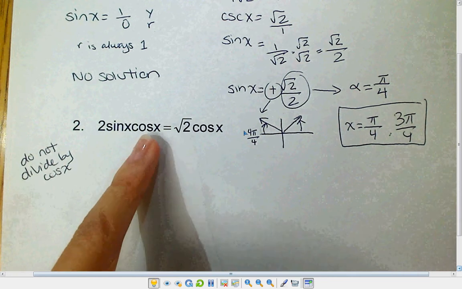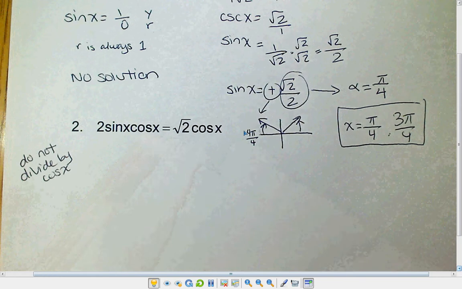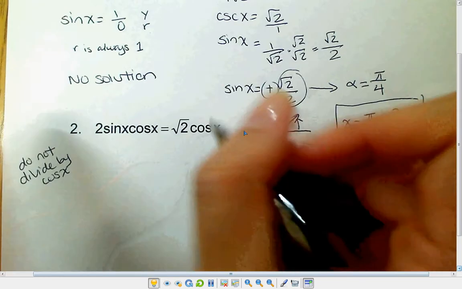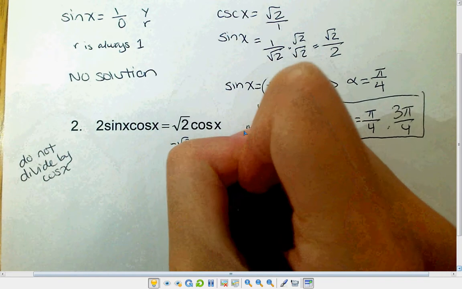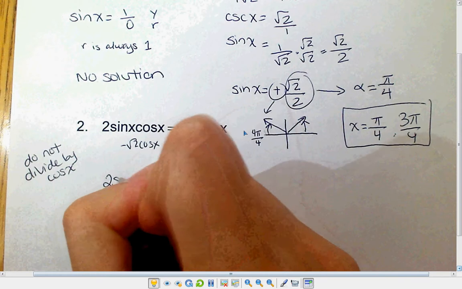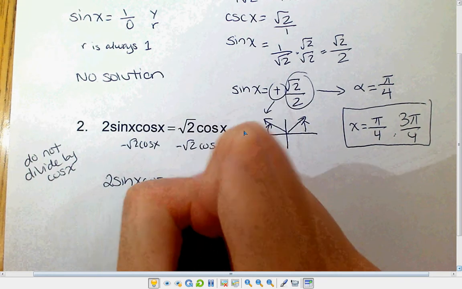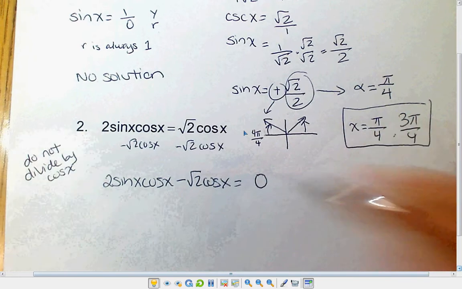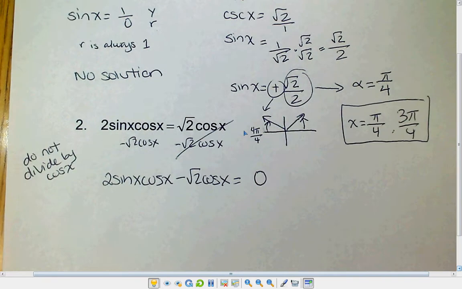We also want to see what happens when cosine of x is 0. So we want to move everything to one side. I'm going to subtract root 2 cosine x from both sides, so that I'm left with 0 on the right hand side, because these cancel out.